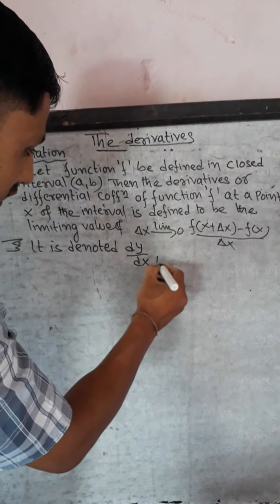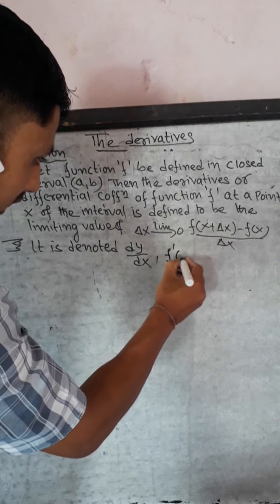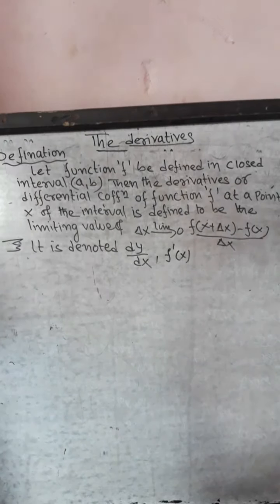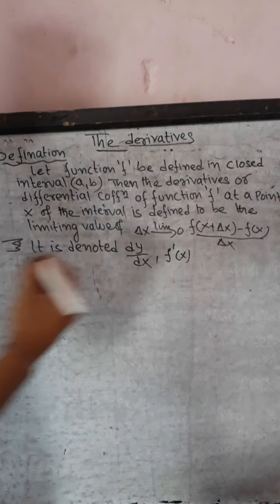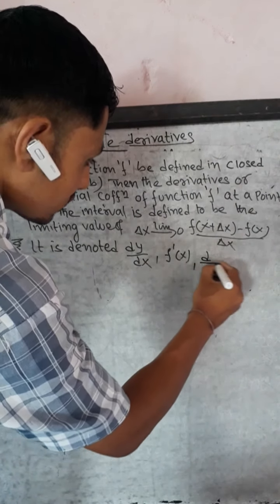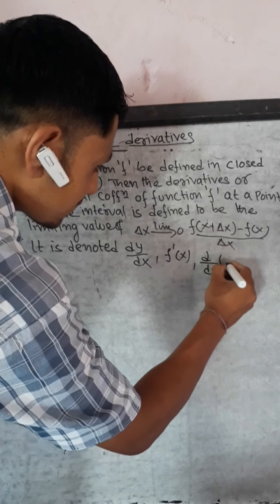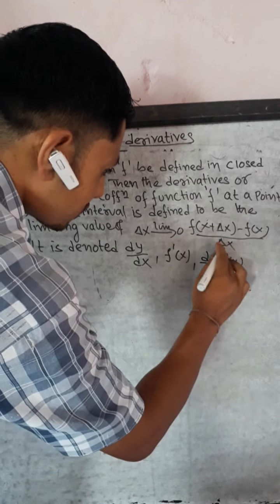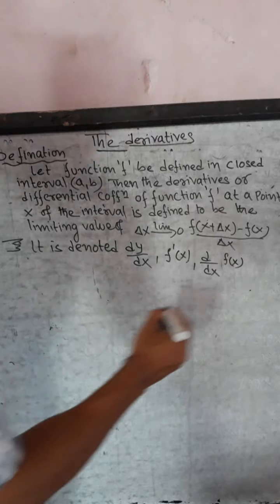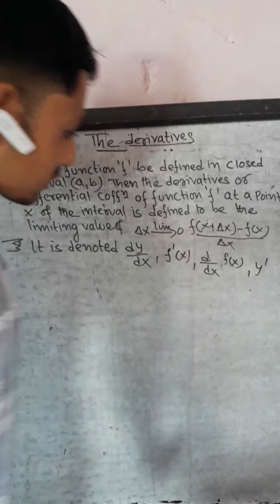Similarly, if the function is f of x, you can write f dash x, or d by dx of f of x, or only y dash also.